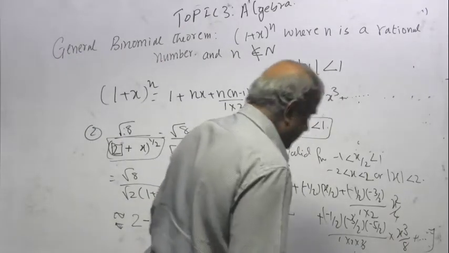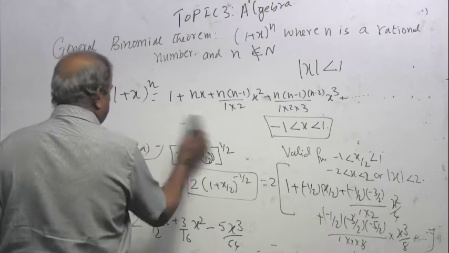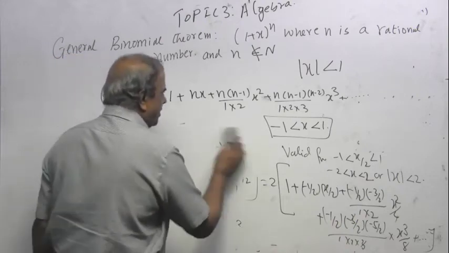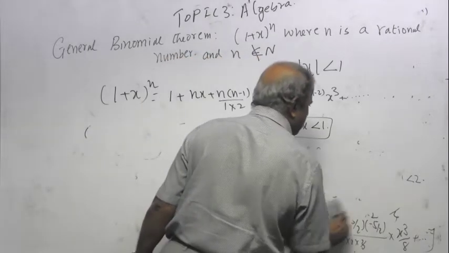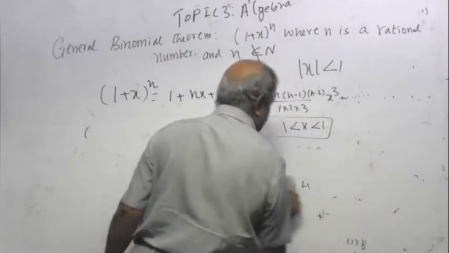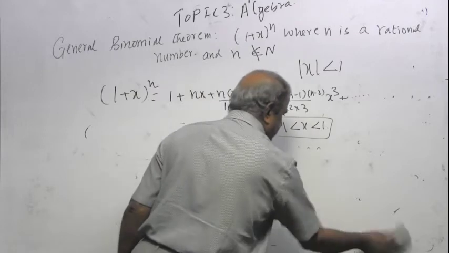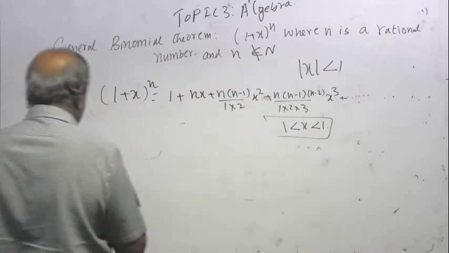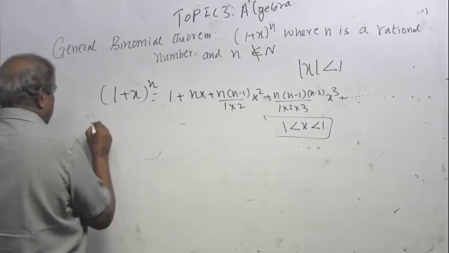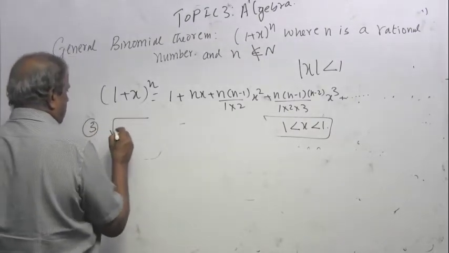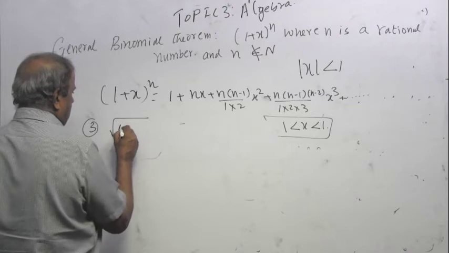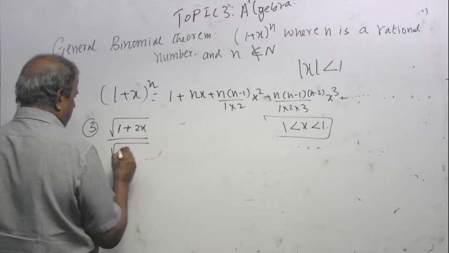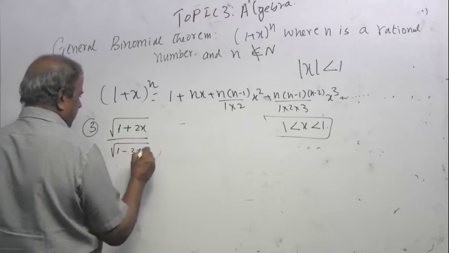But then I'll take one more example. I'm trying to make it a bit more complicated. I'm going from easy to complicated questions. Right? Square root of 1 plus 2x over square root of 1 minus 3x.